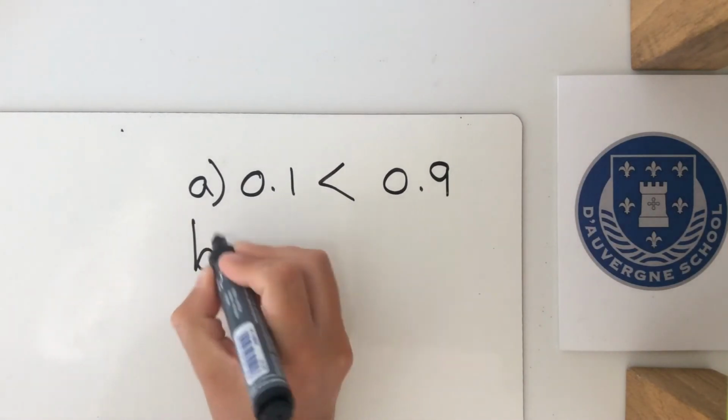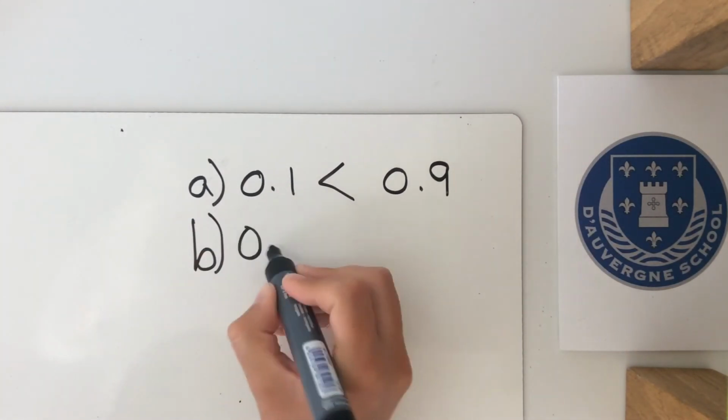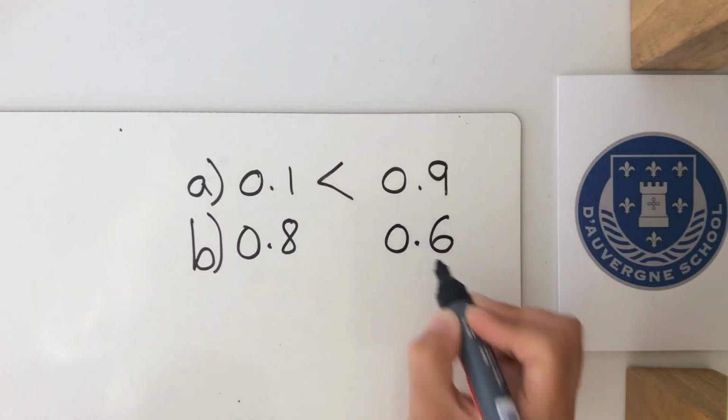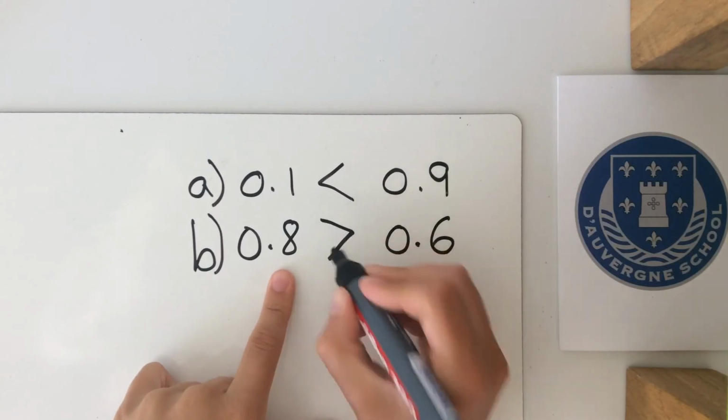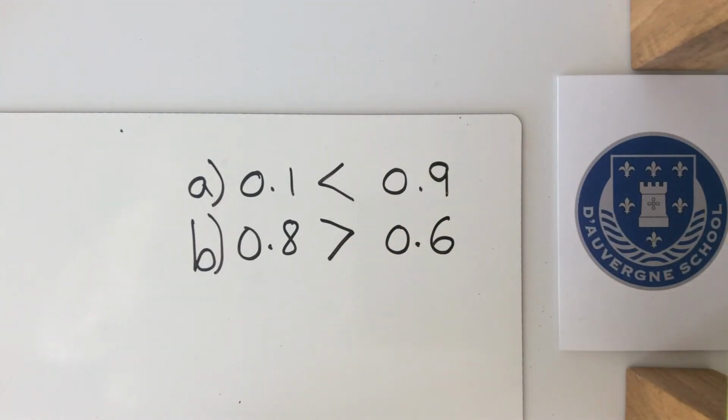Okay. And B, we have 0.8 or 0.6. Looking in those tenths column, 0.8 has more tenths. Okay. You can also see that visually on your number line, which one is further along the number line, which means it's greater than, and which one is not so far along, which means it's less than.